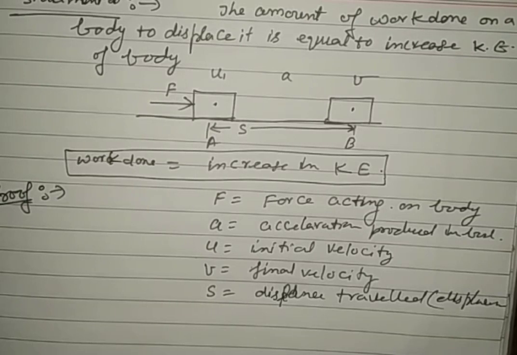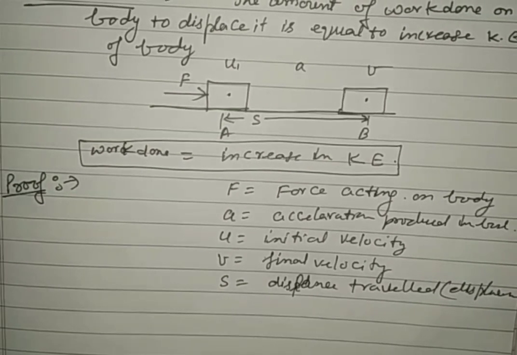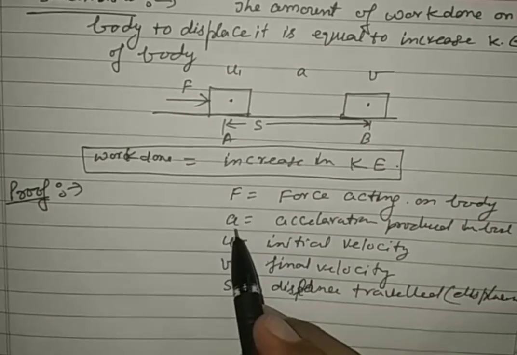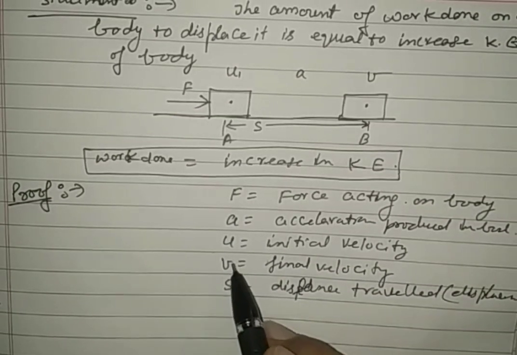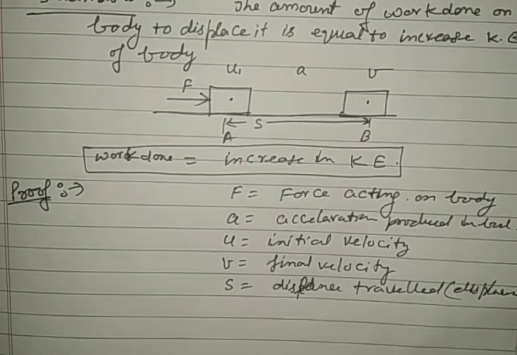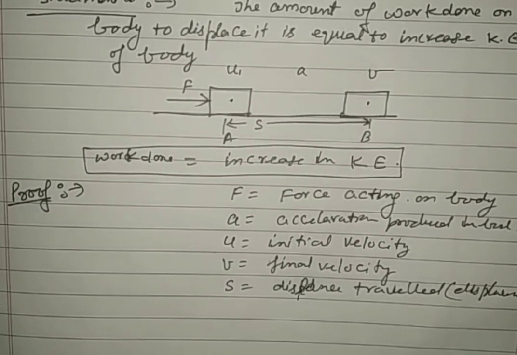So these symbols have their usual meaning here: F is force, a is acceleration, u and v are initial and final velocity, and s is the distance traveled in this case.